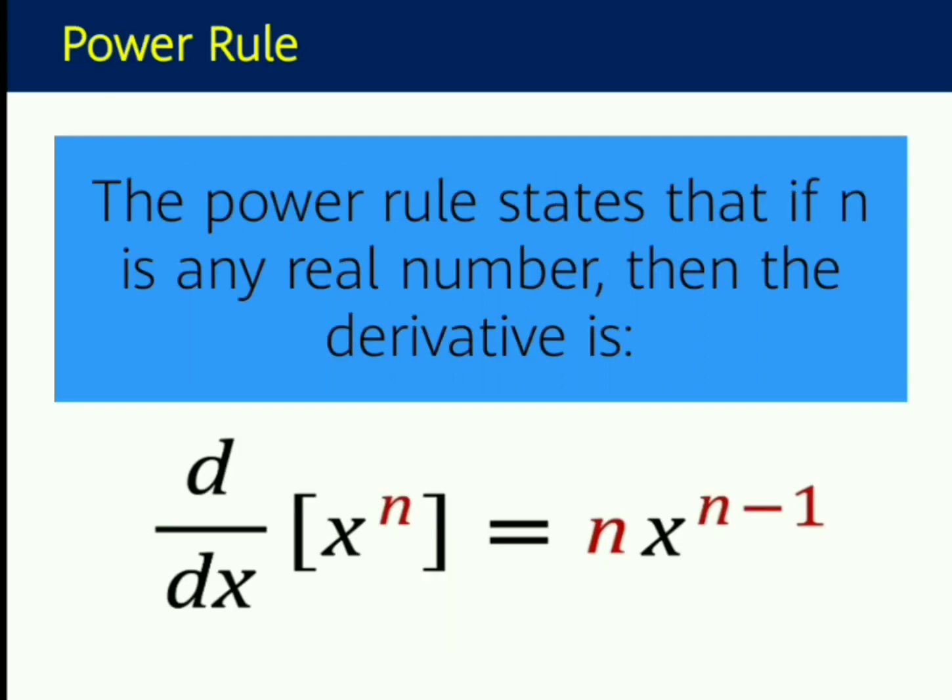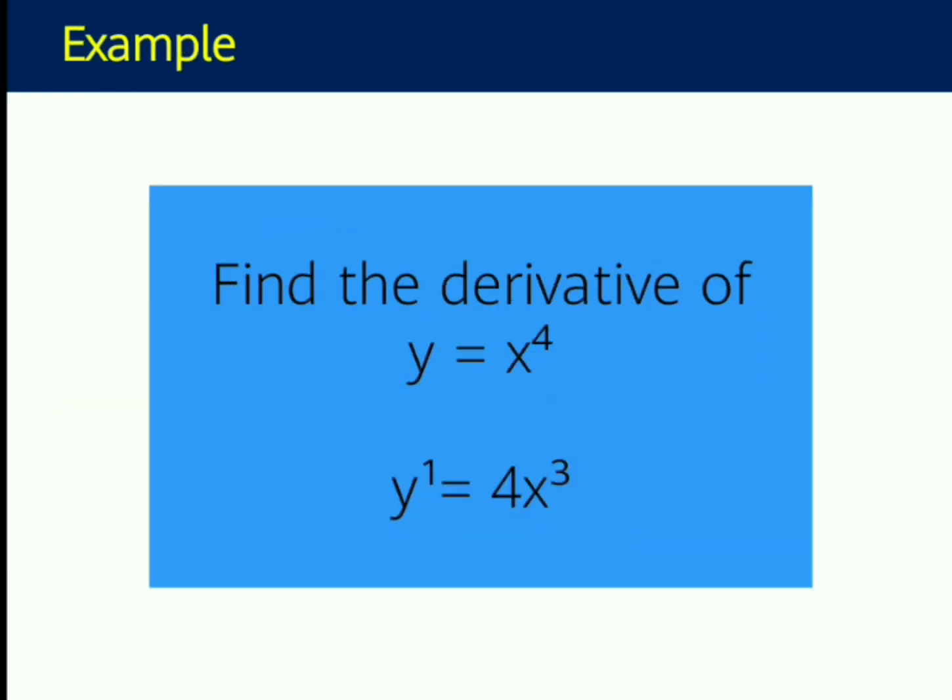Number 2, the power rule states that if n is any real number, then the derivative d over dx of x raised to n is equal to n x raised to n minus 1. Example: y is equal to x raised to 4.